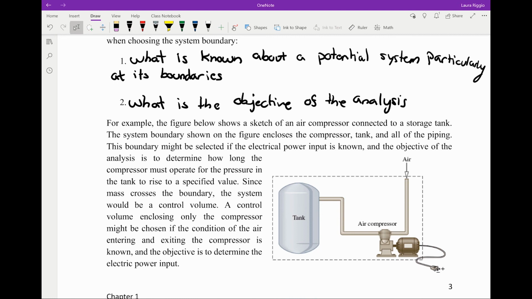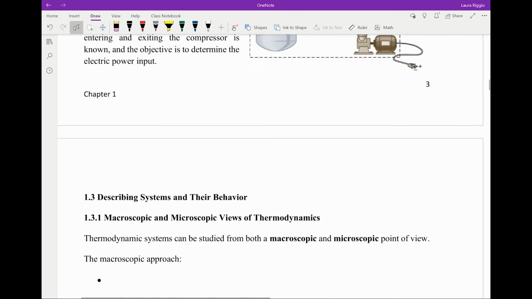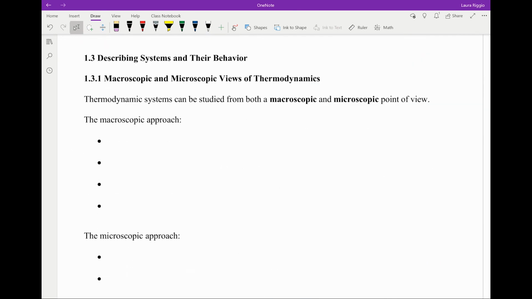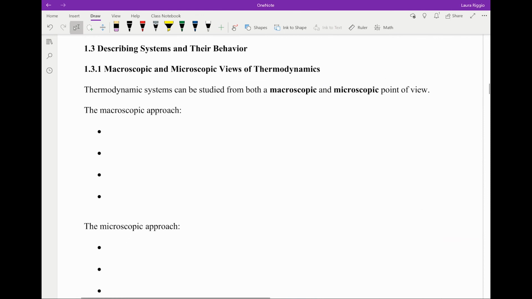A control volume around just the compressor could be chosen if I'm trying to figure out the conditions of the air entering and exiting the compressor, and if I know the properties of the air entering and exiting the compressor, I'm trying to find the power input. So the system that you choose will affect your overall analysis.